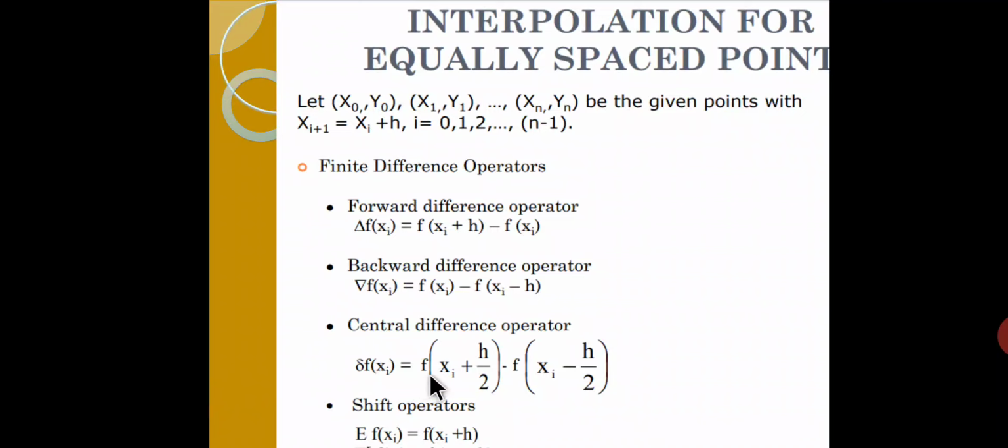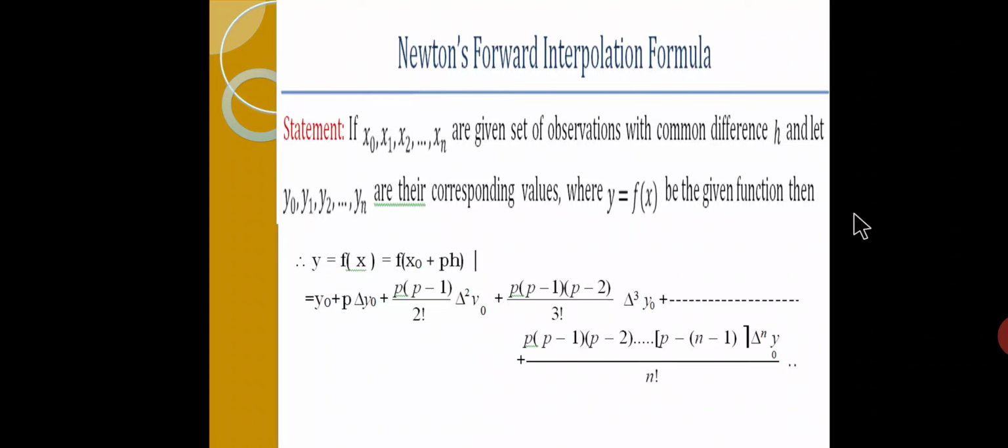So the first method in equally spaced intervals is Newton's forward interpolation formula. The statement is, if x0, x1, x2 and so on xn are a given set of observations with a common difference h, so here h is the interval difference, and let y0, y1, y2 and so on yn be their corresponding values, where y is equal to f of x is the given function.